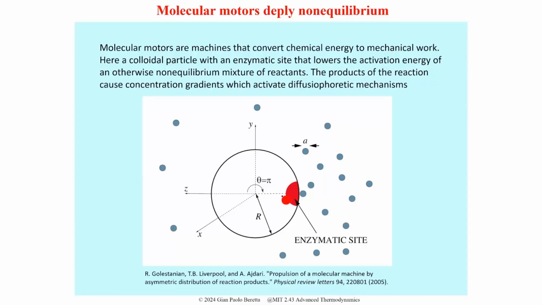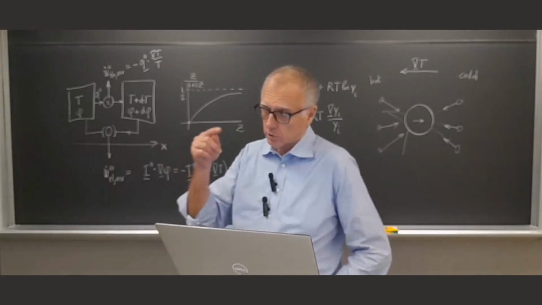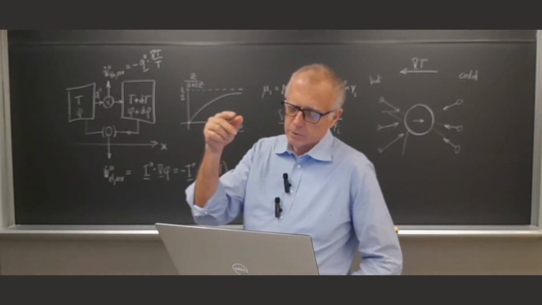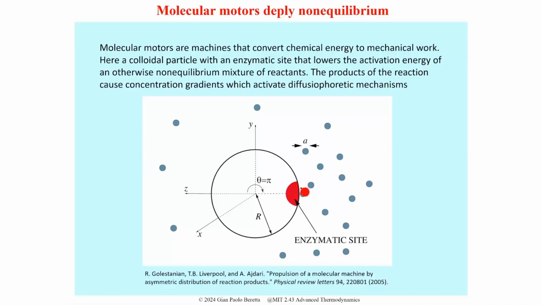And here, for example, the particle simply has a catalyst or an enzymatic site which catalyzes the chemical reaction, so it lowers the Arrhenius activation energy only locally here.